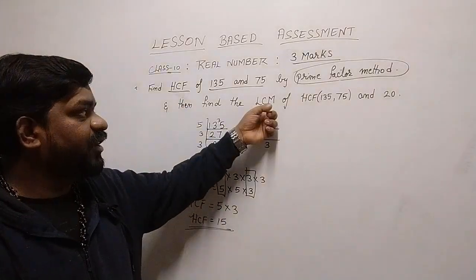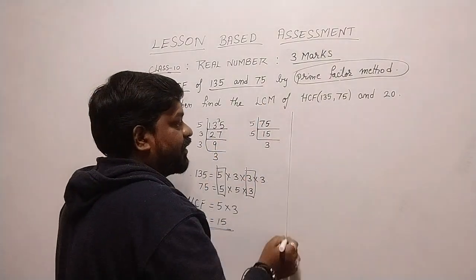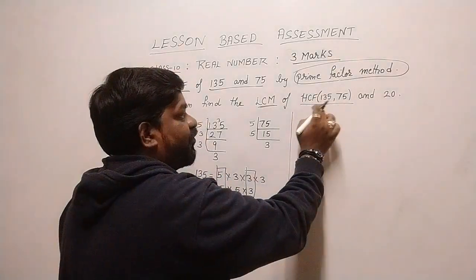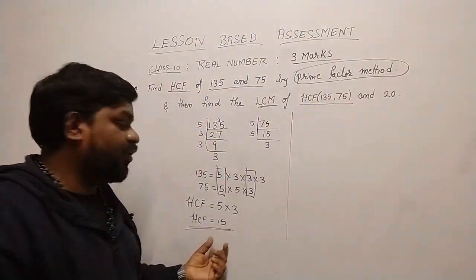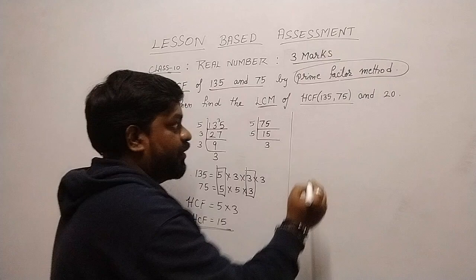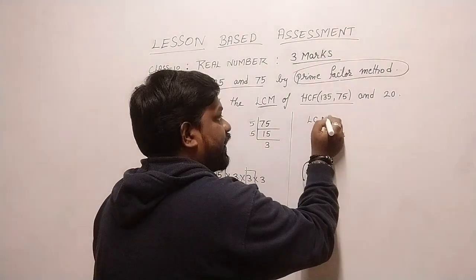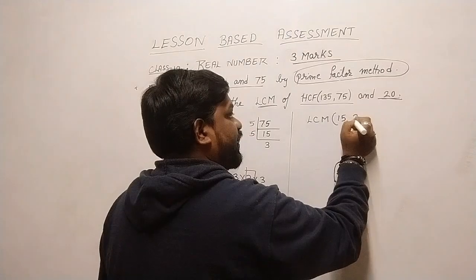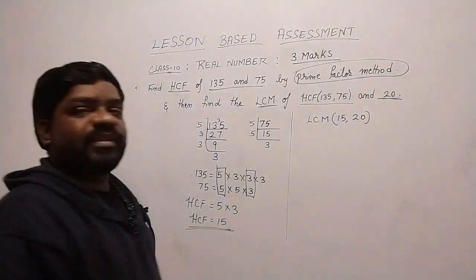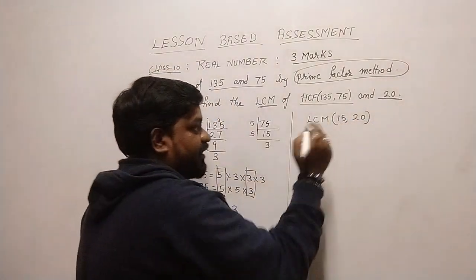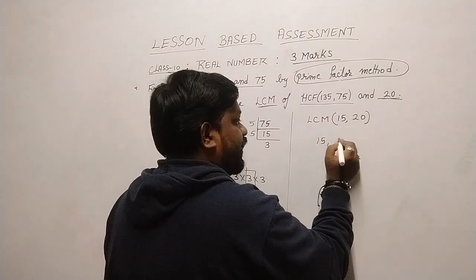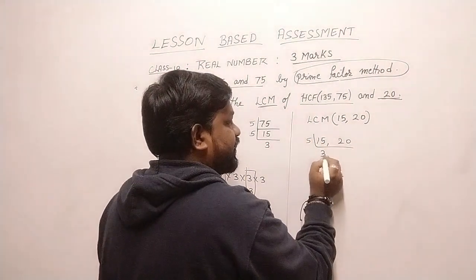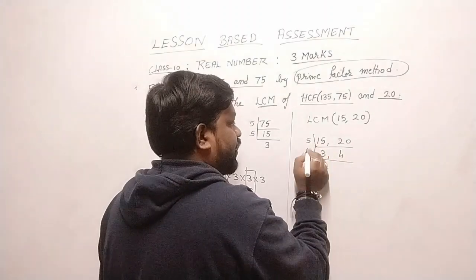Now observe here, we need to find the LCM of the HCF of 135, 75. What have we got? 15. We need to find the LCM of 15 and what is the other number given? The other number is 20. We need to find the LCM for 15 and 20. Start from the 5 table, 5 threes are 15 and 5 fours are 20.